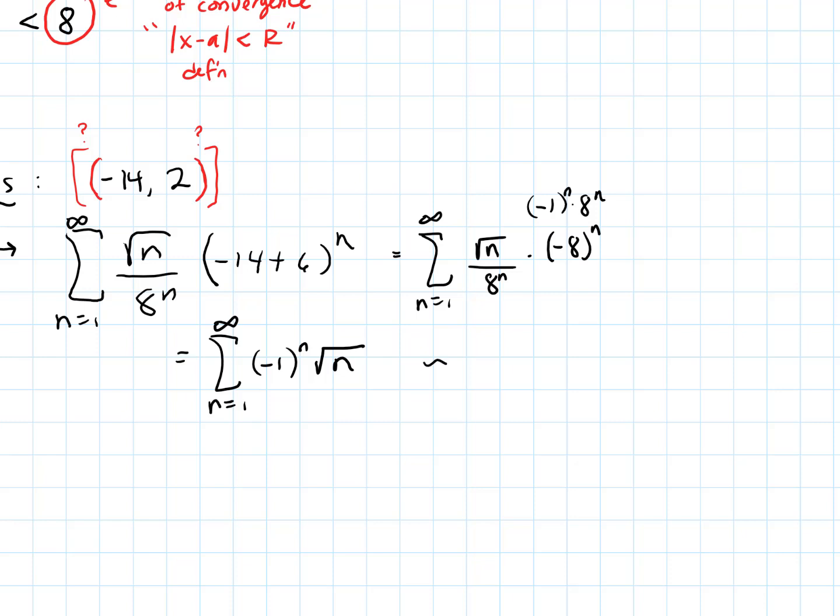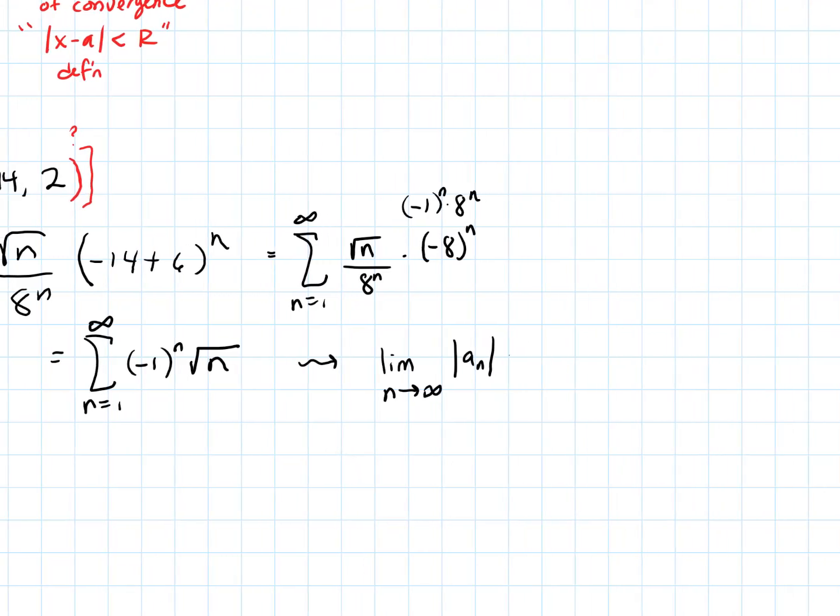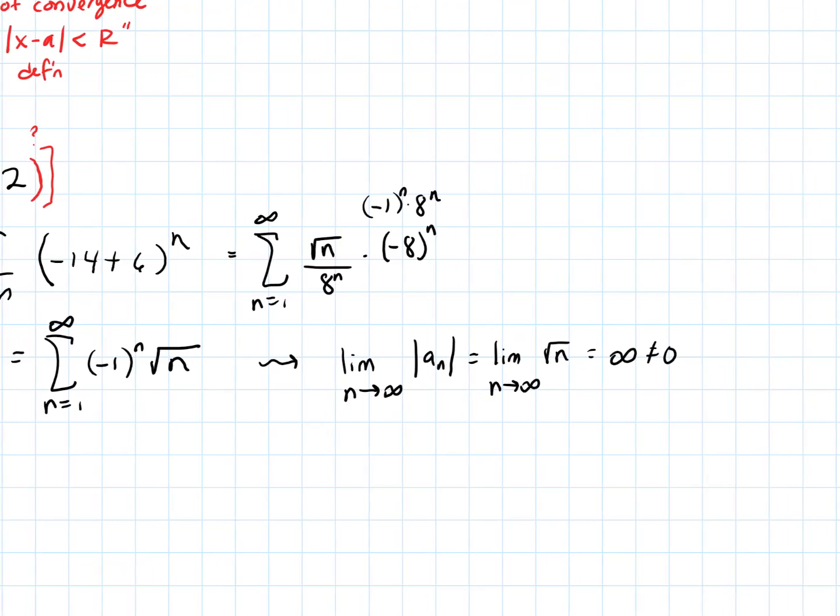Now, simple divergence test here. If I take the limit as n approaches infinity of the absolute value of those terms, of a sub n, that would be the limit as n approaches infinity of the square root of n. That would be infinite. That's definitely not 0.